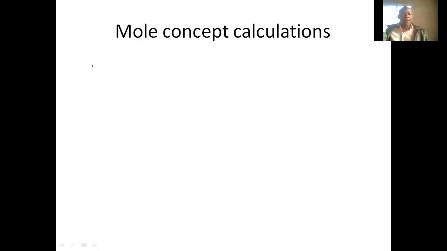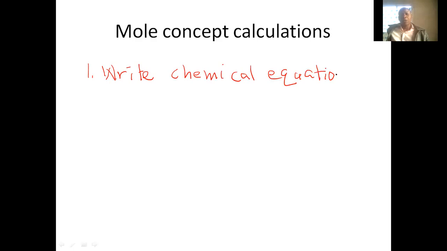The first thing that you need to do is to be able to write the chemical equation, if the question requires you to write an equation.